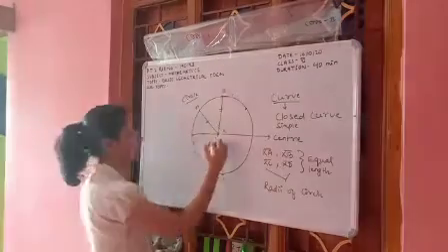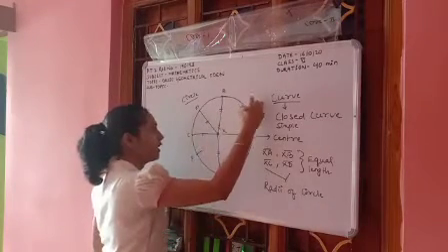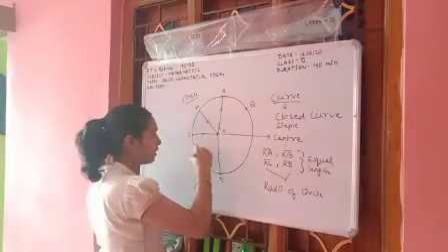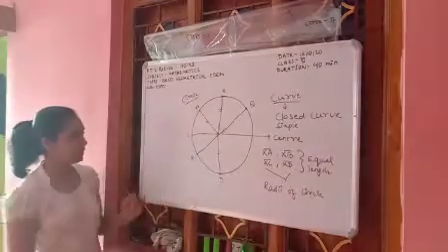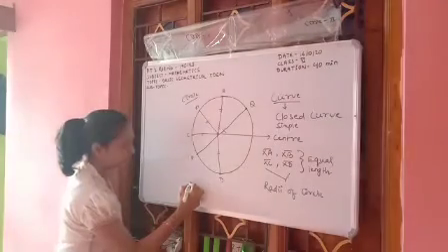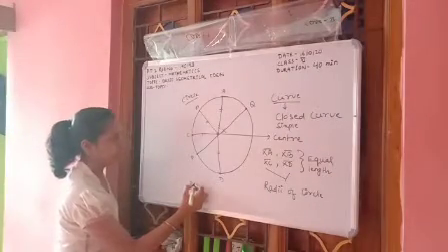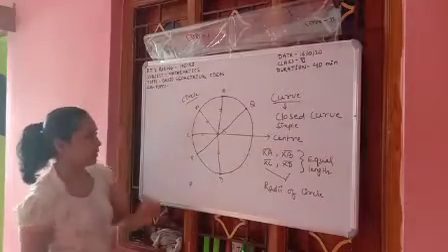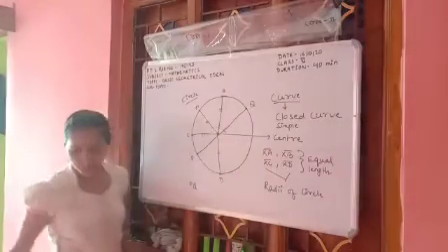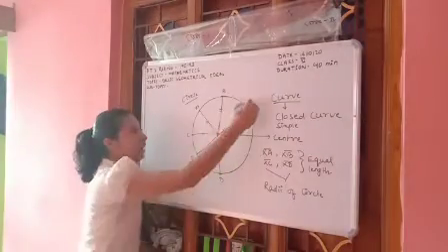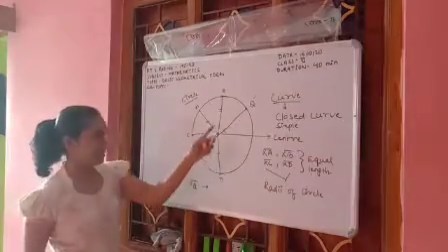These are any 2 points, let's say P and Q. I am joining P to Q. The line segment is not PXQ, it will be PQ, from the starting point to the ending point. PQ is the line segment here.